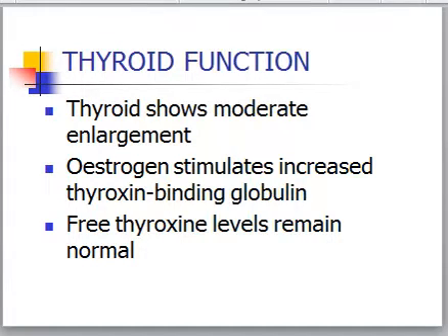Thyroid function: the thyroid shows a moderate enlargement. Estrogen stimulates the increase of thyroxine binding globulin. Free thyroxine levels remain normal, which means the increased glomerular filtration rate increases the renal clearance of iodine.